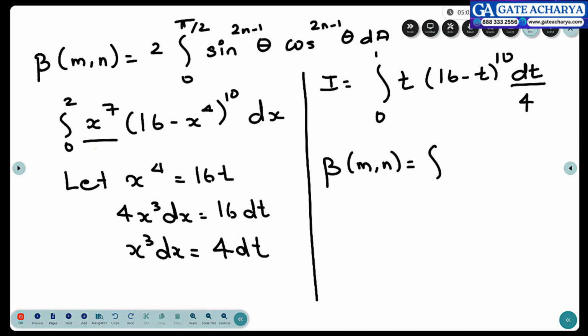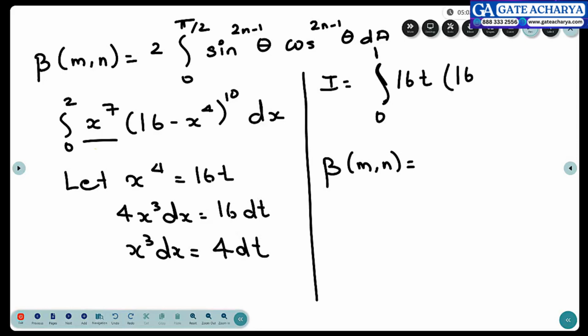Now let's replace this. x raised to 4 will become 16t, into the bracket 16 minus 16t to the power of 10, into x cube dx, which is 4 dt.